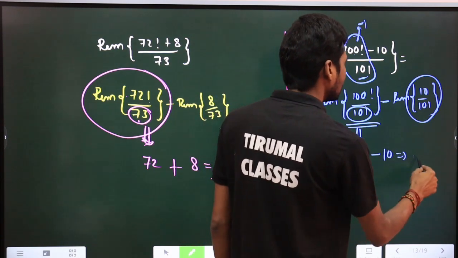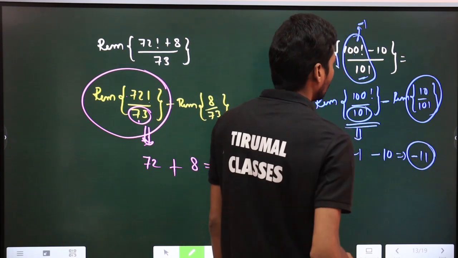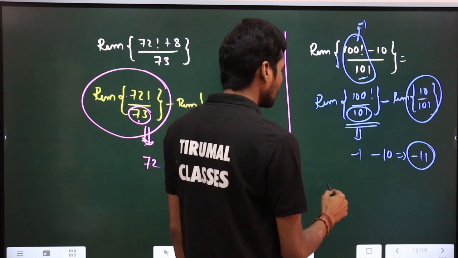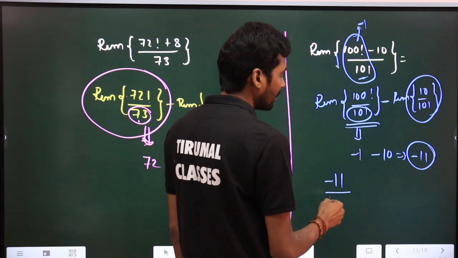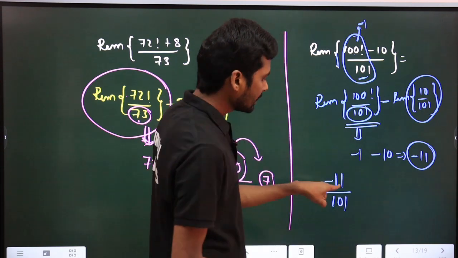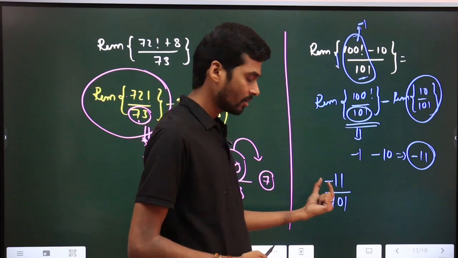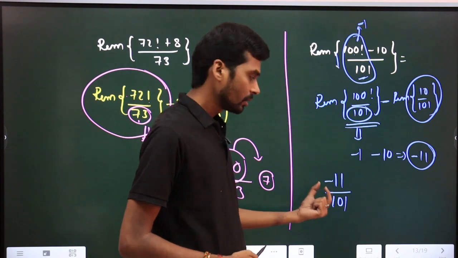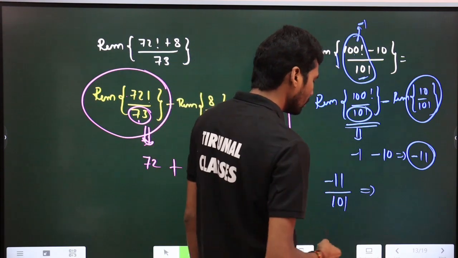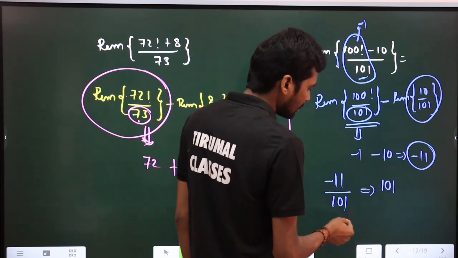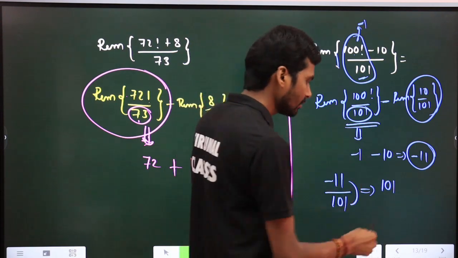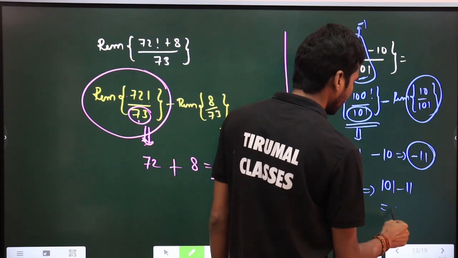Minus 1 minus 10 means minus 11. So the final answer is remainder of minus 11 divided by 101. Since it is a negative value, we convert it into a positive value. The answer is 101 minus 11, which is 90.